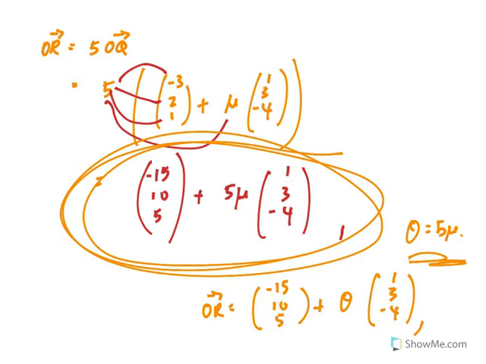Don't just use lambda for everything. That's a common error. Okay, so understand what I mean when I say show that the point lies on the line. It means it can take the form of the line. Okay, part 2.